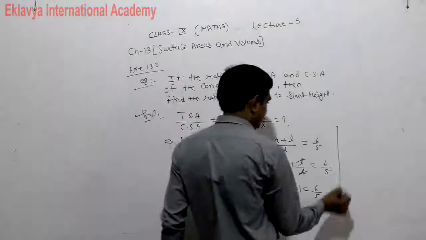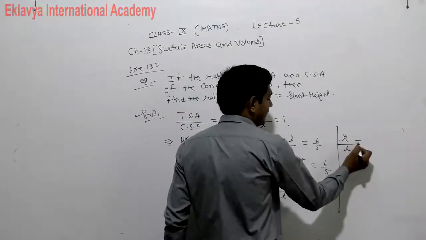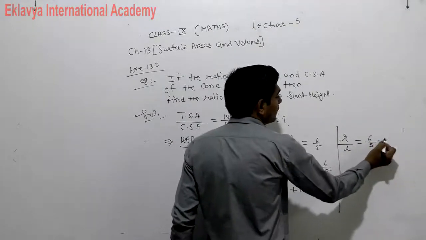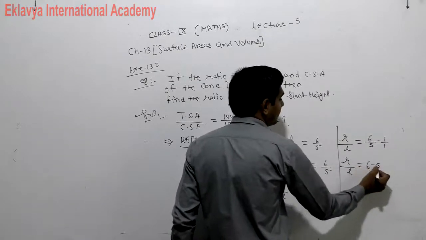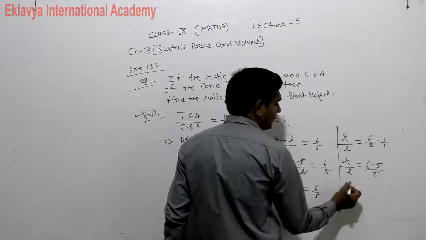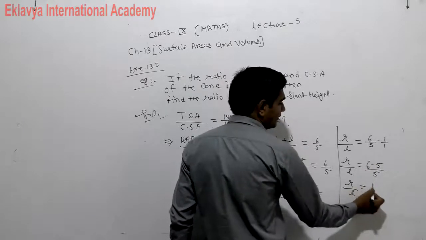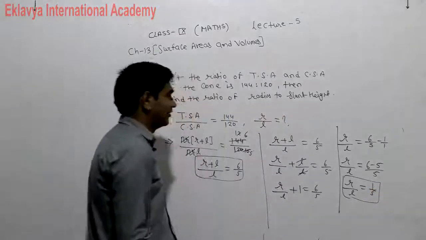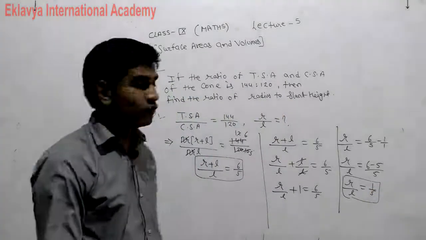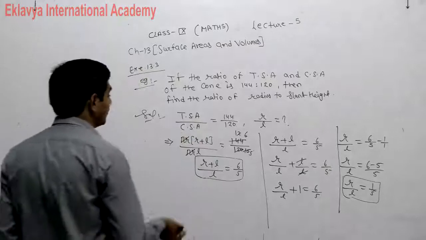So r by l equals 6 upon 5 minus 1 upon 1, which is 6 minus 5 upon 5. So r by l is equal to 1 upon 5. So the ratio of radius to slant height is 1:5.